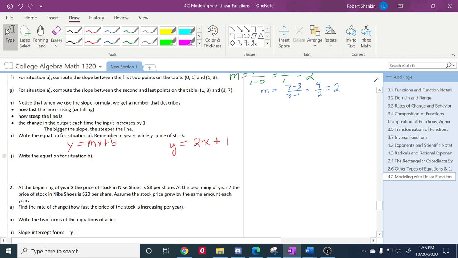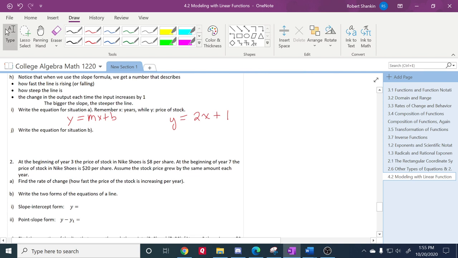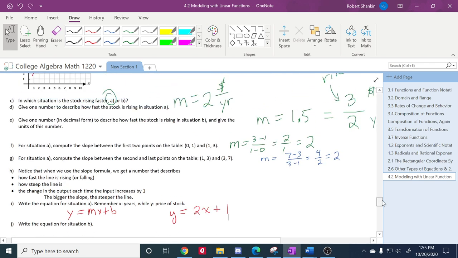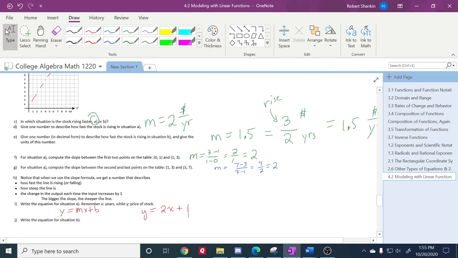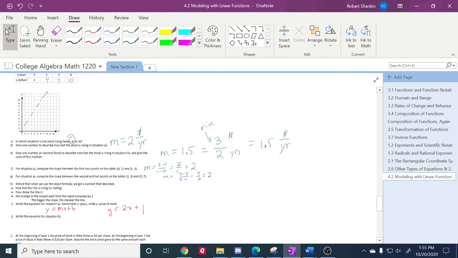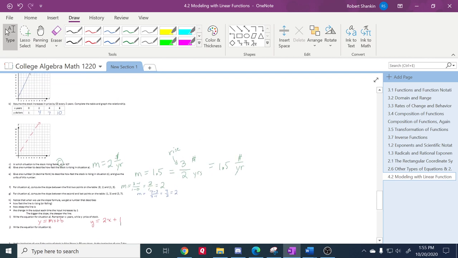So let me give you a minute to write the equation for situation B. If you need to see it on my screen, I made it real small so you can see situation B and that.